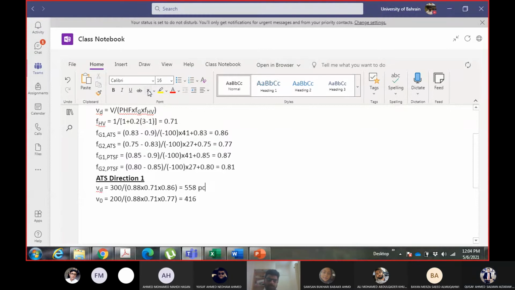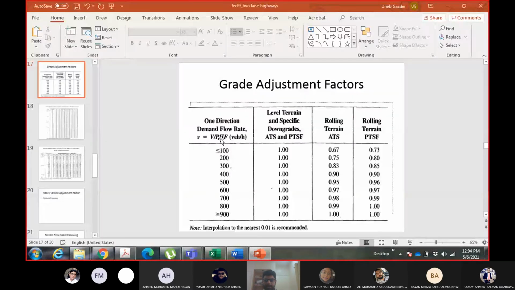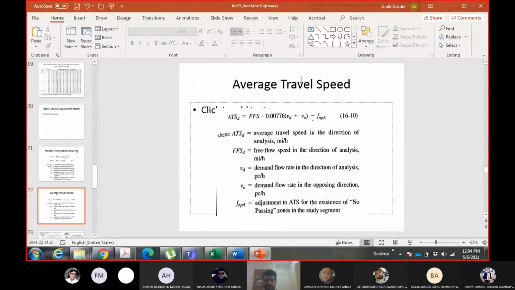Okay, these are now passenger cars per hour. So this is for direction 1. Now, what else do we need for ATS calculation?